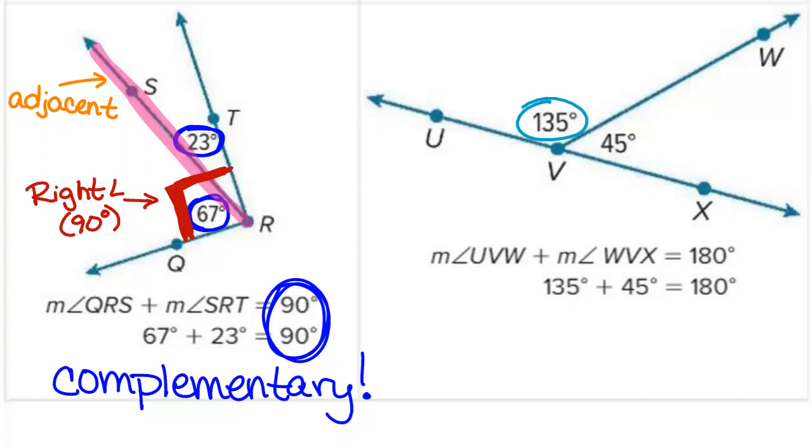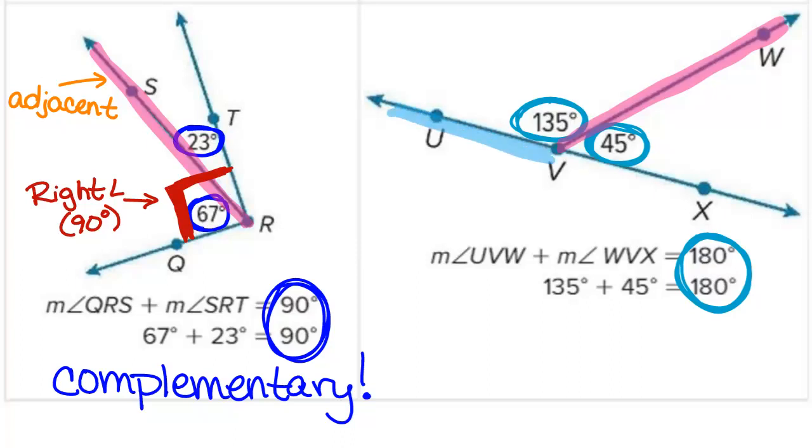Over here on the right side, I have 135 degrees and 45 degrees. That adds up to 180. Just like my other example, they share this side right here. But I notice that the side that they don't share, this side for my left angle and this side for my right angle, together that makes that straight line UX, right? What do we call angles that share a side that together make a straight line?